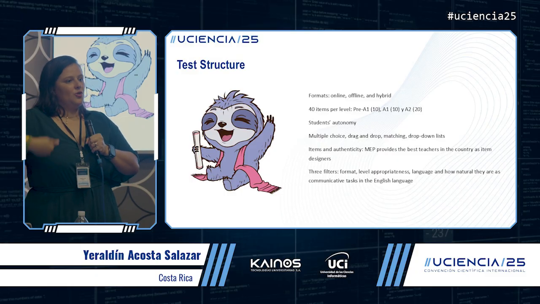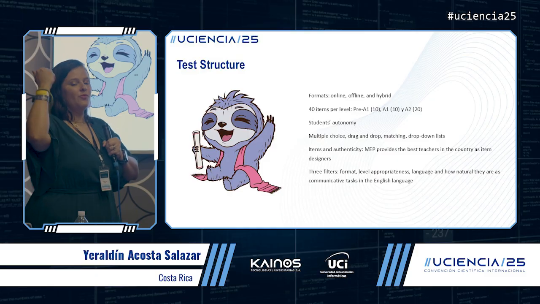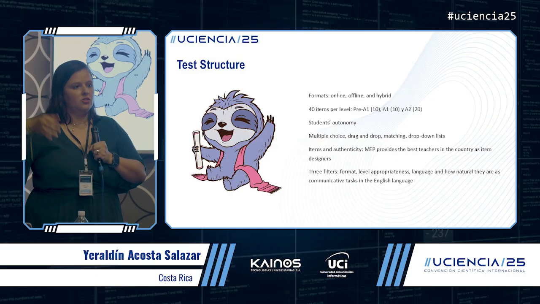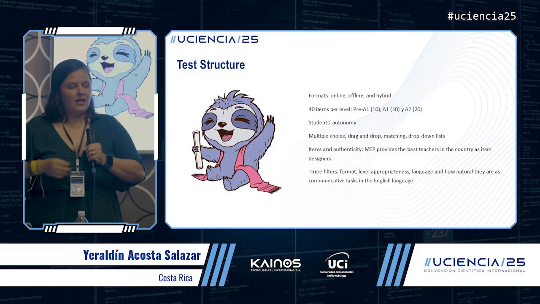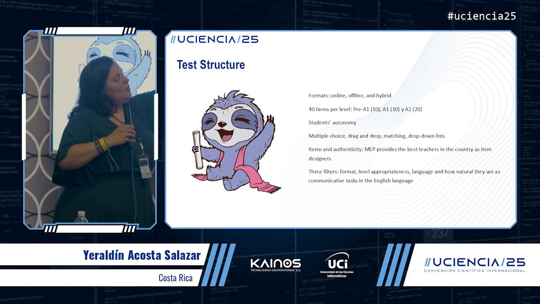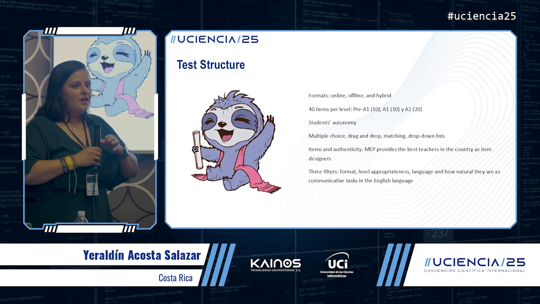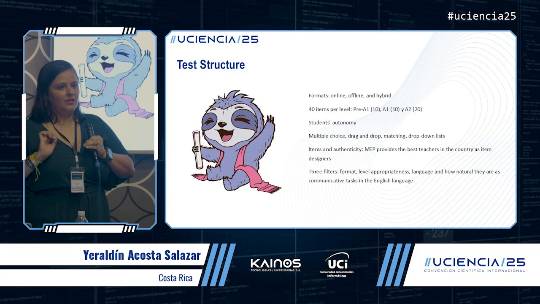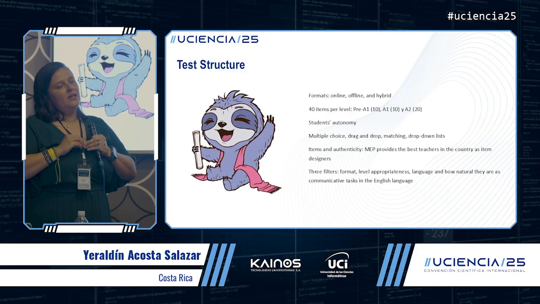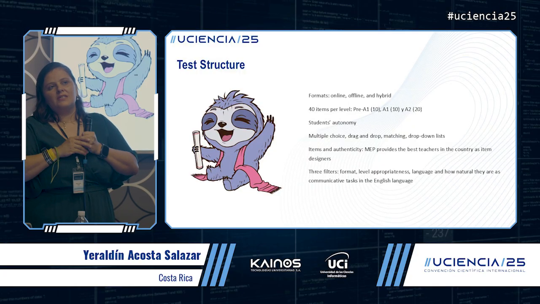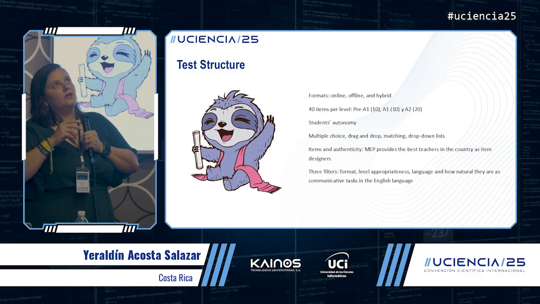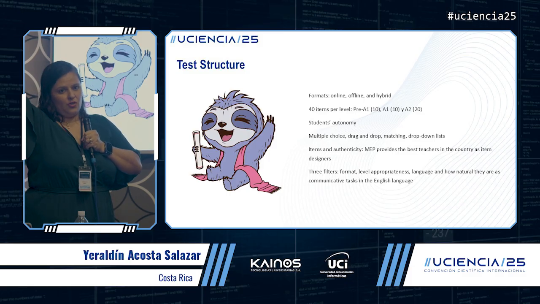So yes, we took computers on the horses, and we went to those places so that those students could actually take the test. And also we have the wonderful and the most convenient one, which is the hybrid version. This is just like a program that you install in your computer, and when the students complete the exam, whenever it says, oh, there's internet here, it sends us the results.